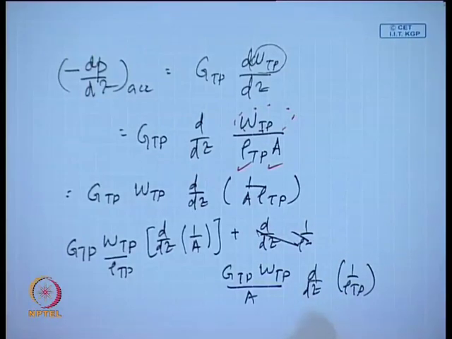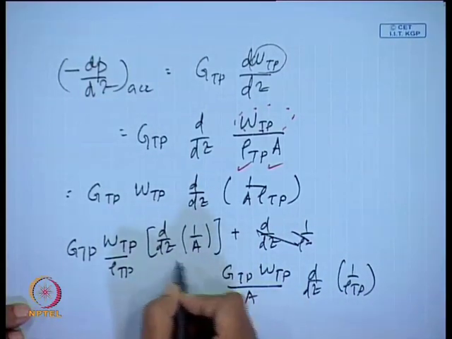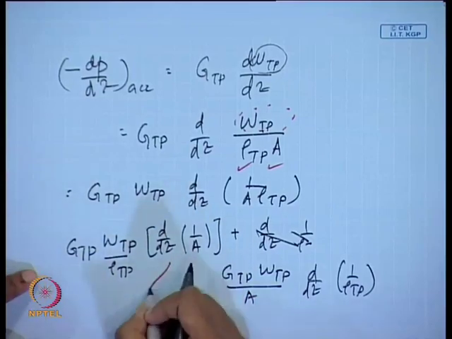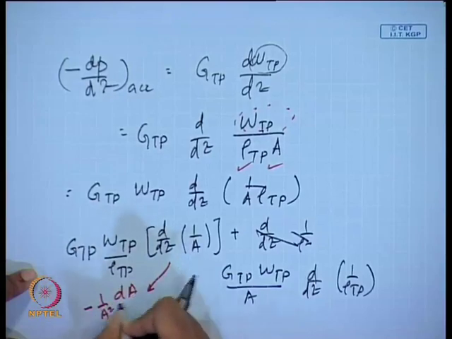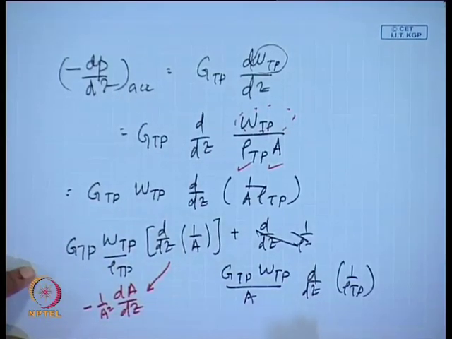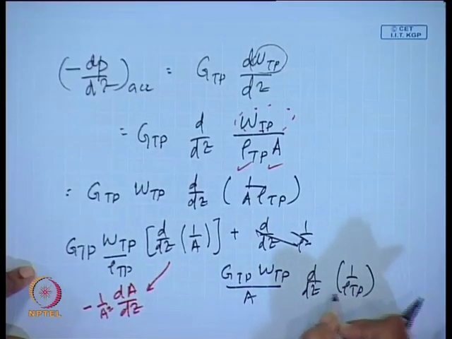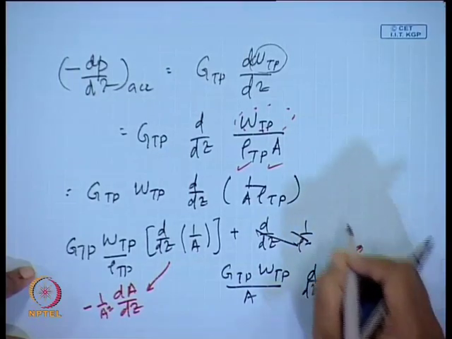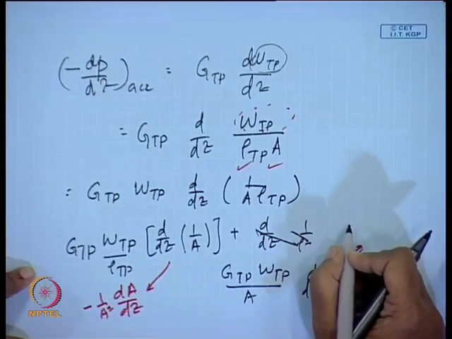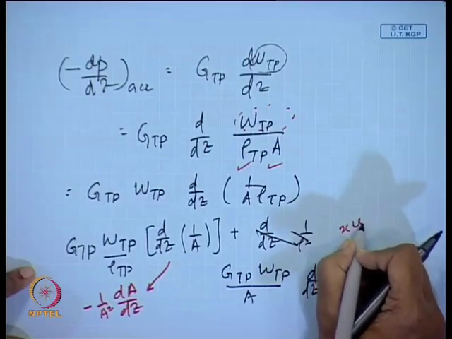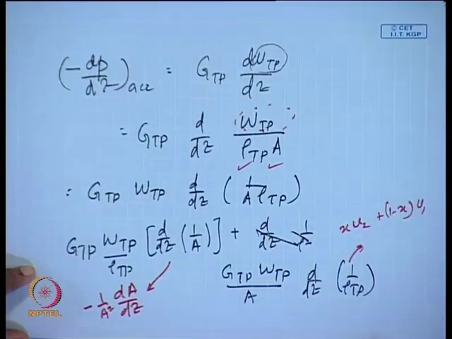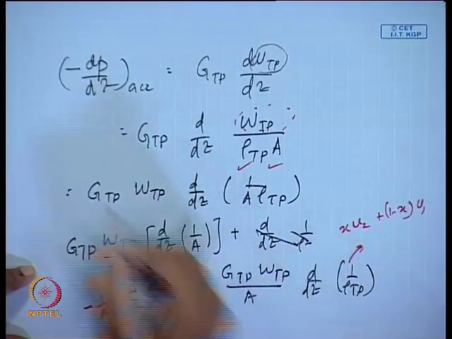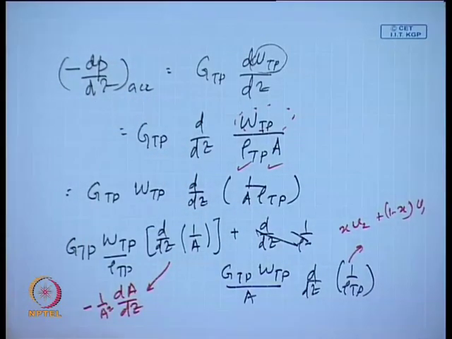We can write it in this particular form. Agreed? Now, d/dz of 1/A is nothing but minus 1/A squared dA/dz, right. So, this we can substitute in place of this, and how can we write down 1/rho_TP? This is nothing but equal to V_TP. So, this can be written down as x V2 plus (1 minus x) V1, yes or no? So, we can substitute them and then we can get an actual expression of acceleration pressure gradient.